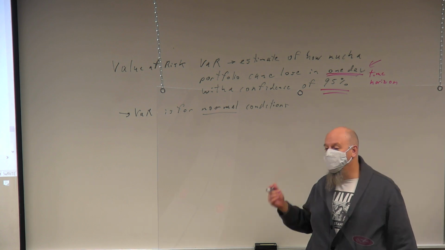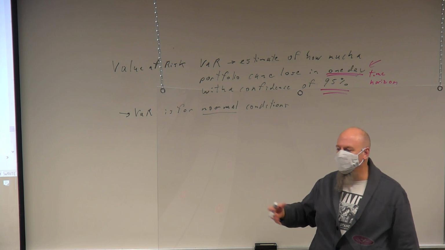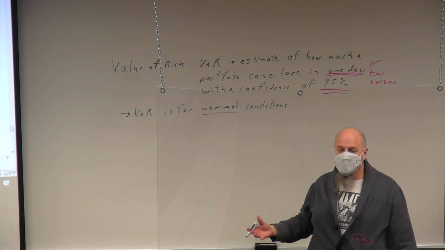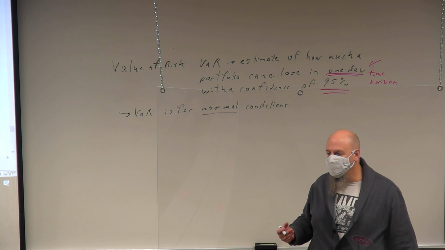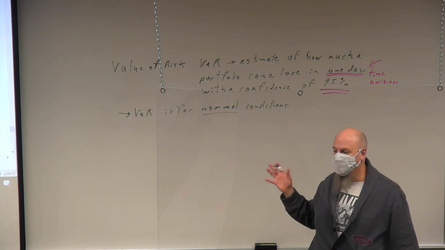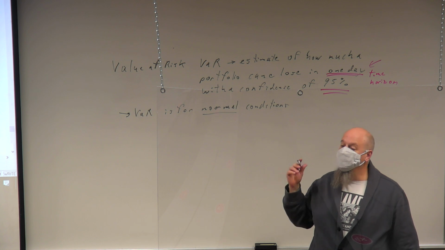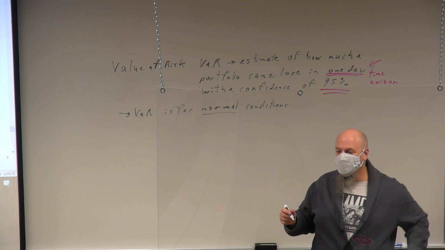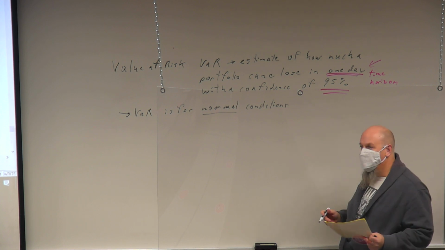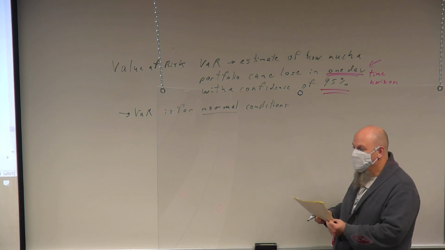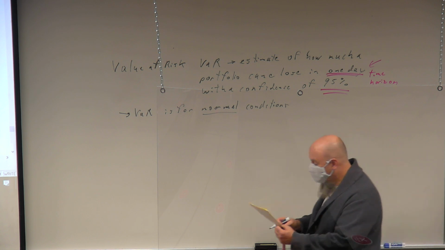So if the market is crashing or there's some kind of catastrophe, or if something's booming because, I don't know, suddenly COVID is cured, then this doesn't work. So it's for normal, regular conditions. And I think also normal because I'm thinking specifically about the normal curve.